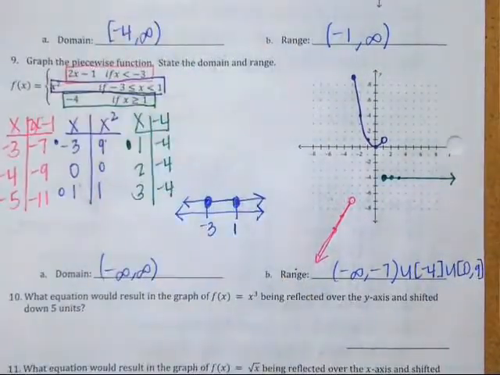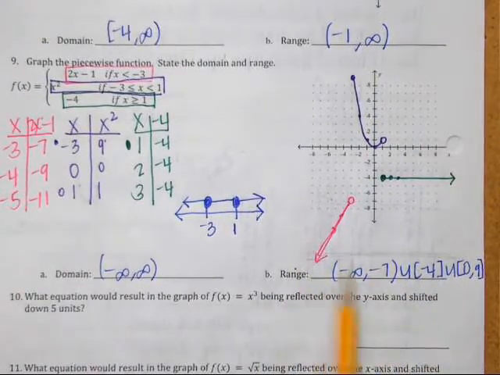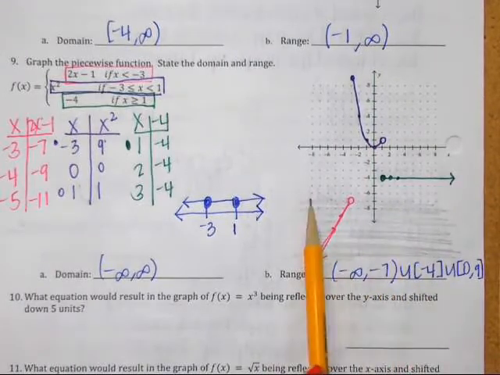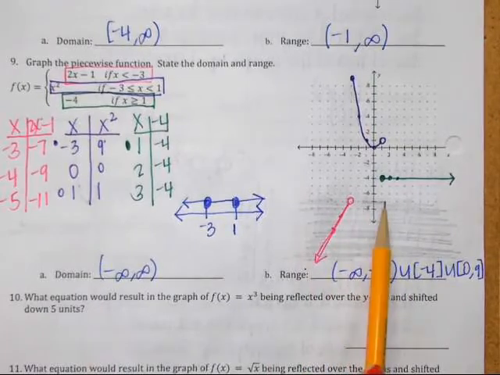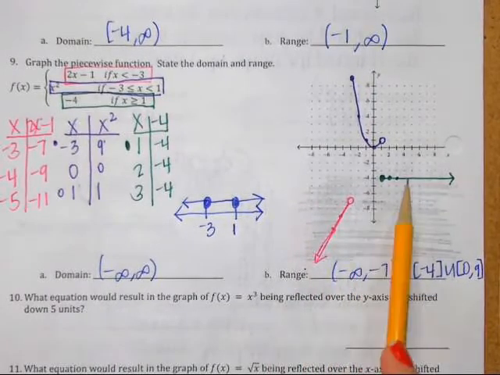Now again, you can do the shading that you might have talked about in your class. So from here, it's going -infinity because we hit an arrow, and then function, function, function, and then it stops with an open circle at -7. And then nothing, nothing, and then it hits -4.